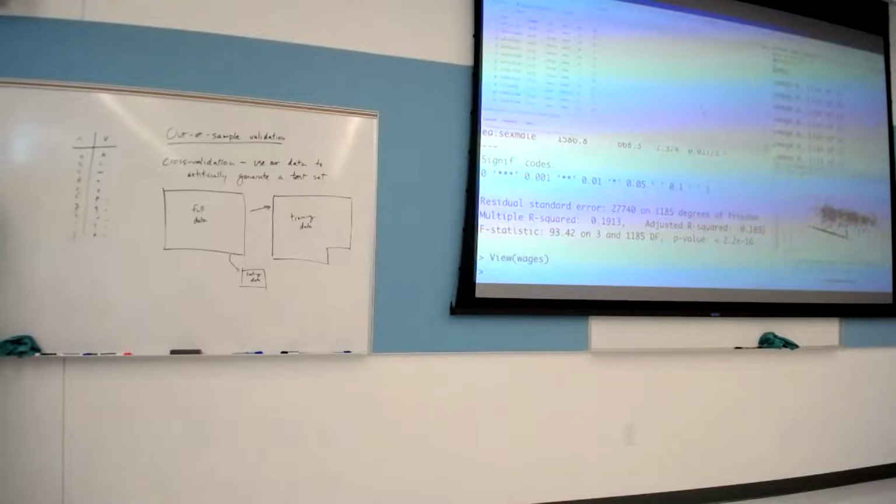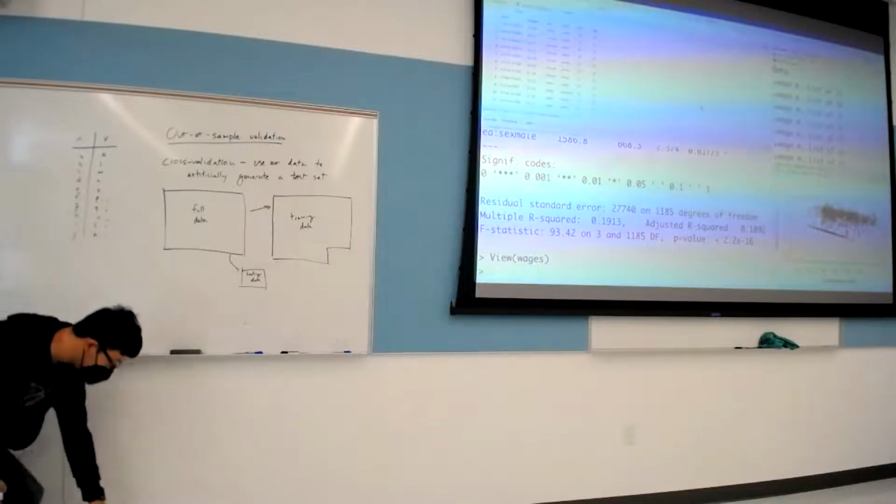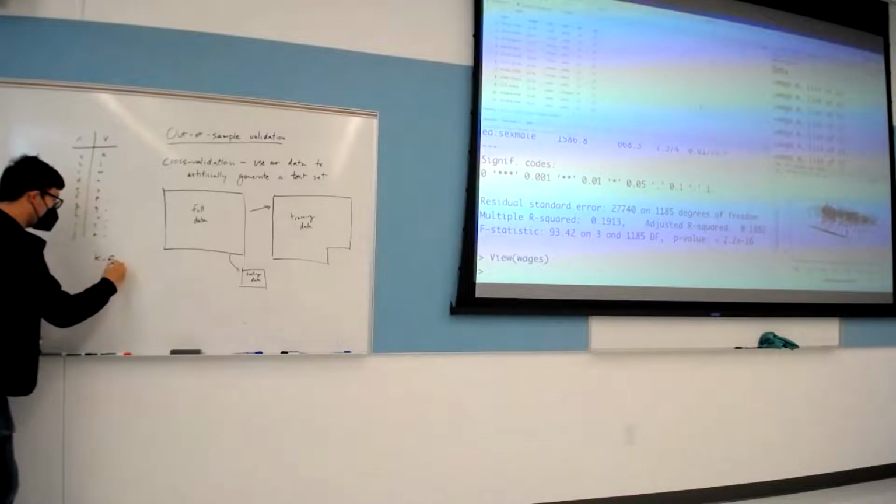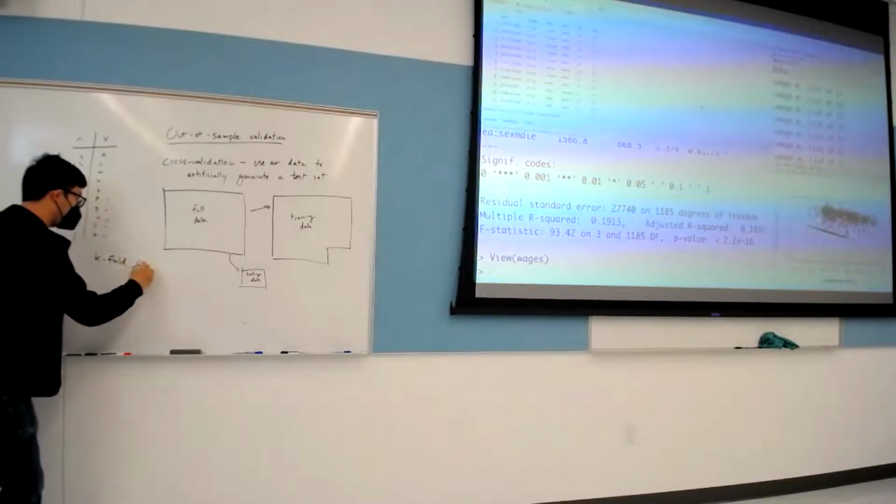And then I'm going to do that again. Let's now take out the green assignments, run the model, and then do it again where I leave out the blue ones. So this technique is called k-fold cross-validation.